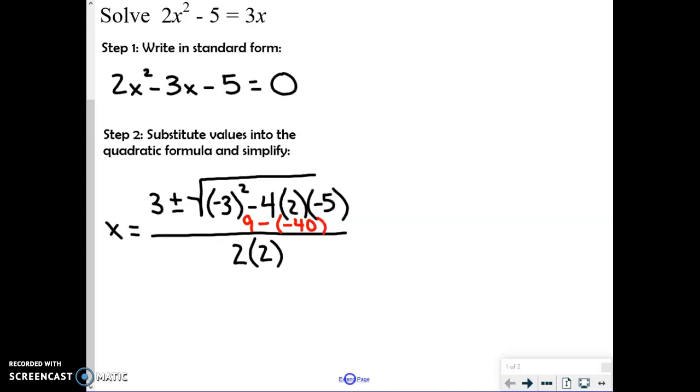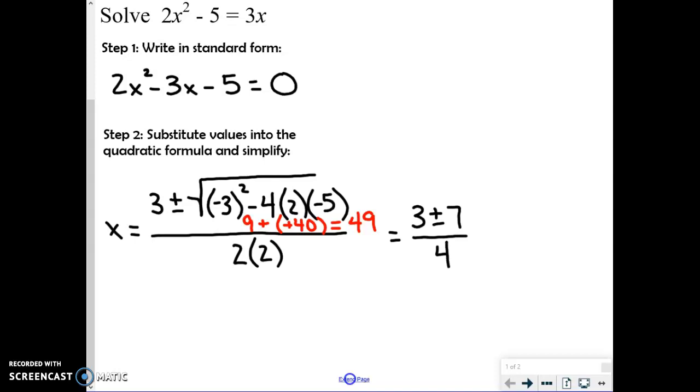So 9 minus negative 40, or 9 plus 40, is 49. And as you know, 49 is a perfect square, and the square root of 49 is 7. So we figured that out. In the denominator, 2 times 2 is 4. So this would leave us with the statement 3 plus or minus 7 over 4.